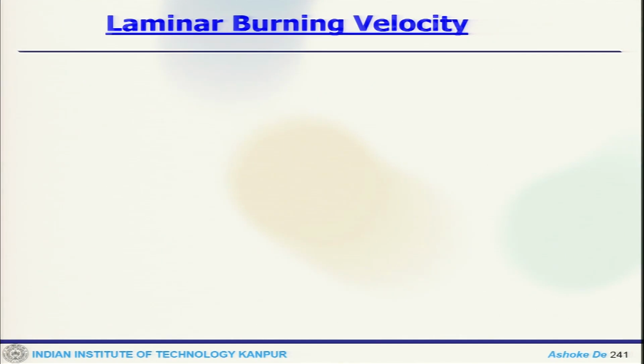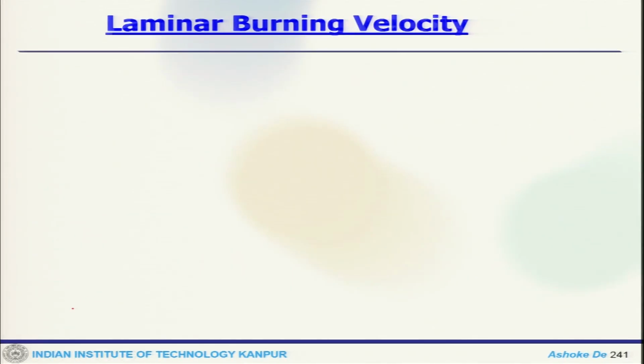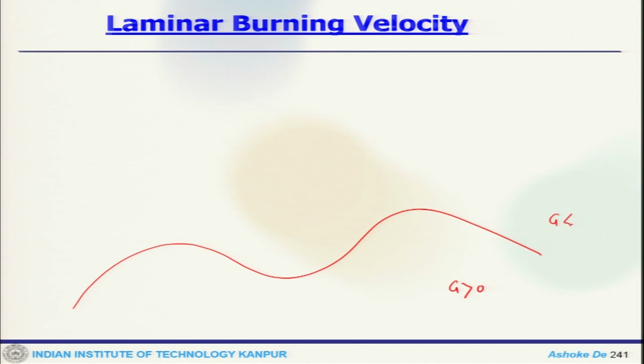So, now the kappa is defined as del Ni by del Xi, which is del Xi of G by Xi by magnitude of G. If you look at this, which is G equals 0 and G less than 0, this is a position where kappa is 0.